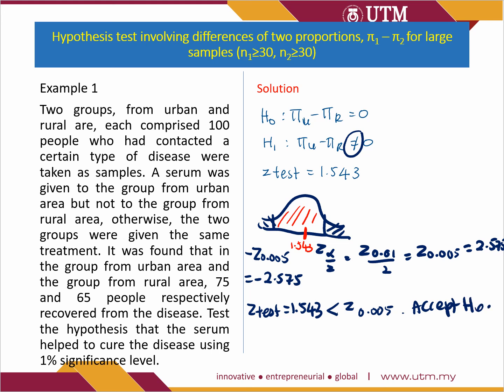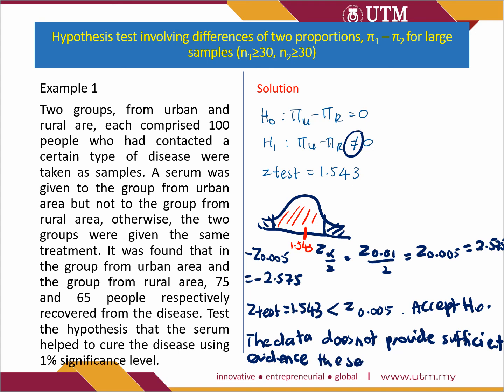So the conclusion is that the data does not provide sufficient evidence to support the claim that the serum had helped to cure the disease at the 1% significance level.